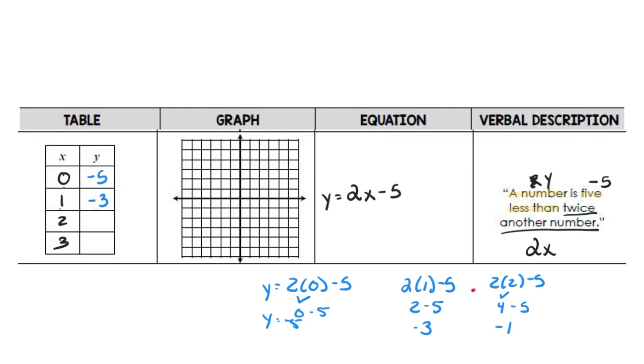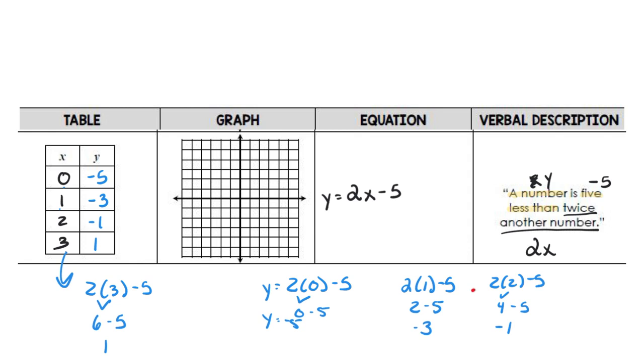If x is 2, y is negative 1. And last but not least, right here, I have 3. I'm just going to put that one here. 2 times 3 minus 5. So 2 times 3 gives me 6. Take away 5. 6 take away 5 will leave me with 1. So if x is 3, y is 1.